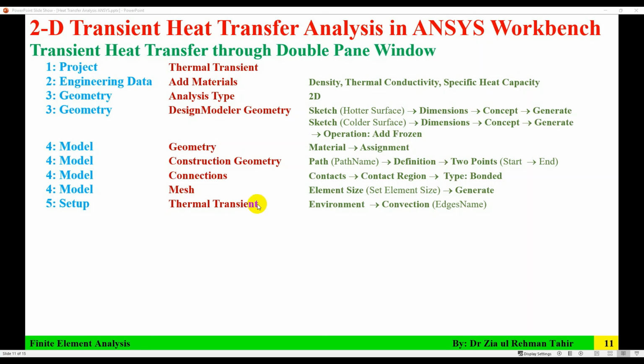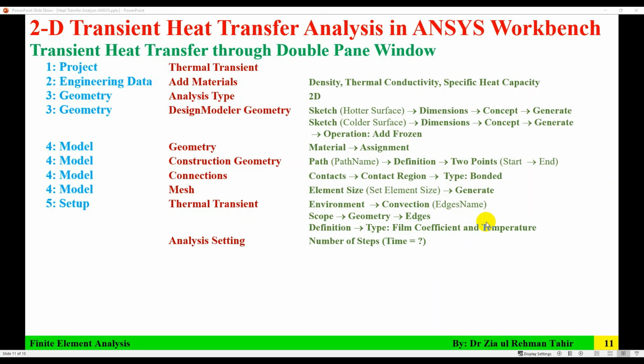And then in the setup, you need to apply boundary condition, and that is the environment. In the environment tab, connect convection, and then need to apply film coefficient and temperature, and then the same one need to apply for inner and outer.